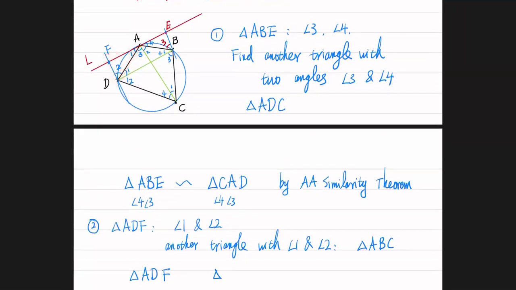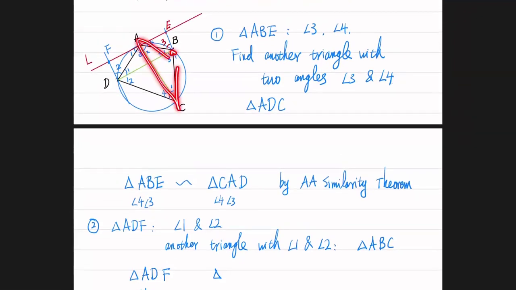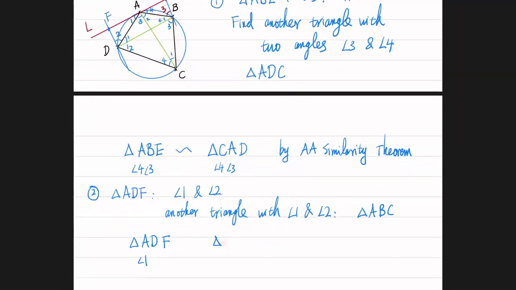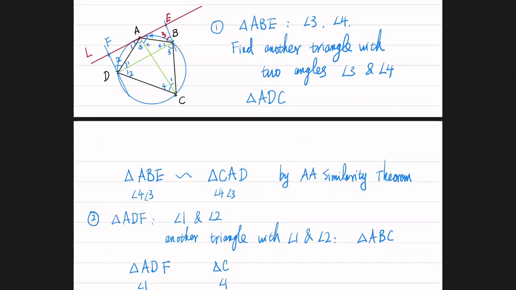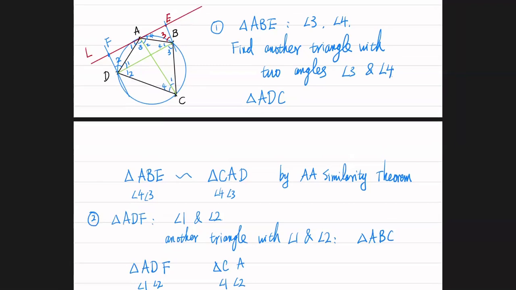A is angle 1, angle 1 for C. D is angle 2, angle 2 for A. And we are left with F and B. So triangle CAB.